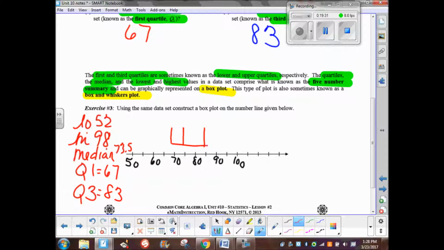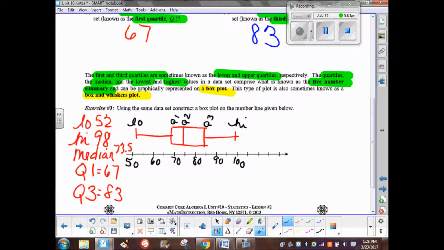And we make a box. So this is Q1. The median could also be called Q2. There's Q3. And then the whiskers: we whisker out to the high, which was 98, and we whisker out to the low, which was 52. Boxing is the plot.